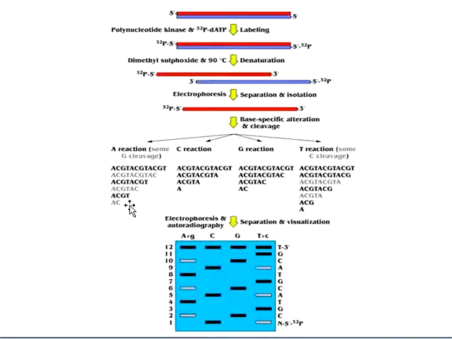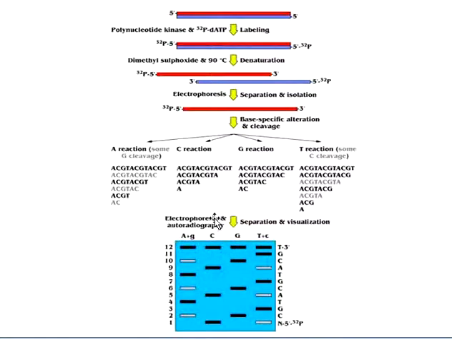After the base-specific chemical cleavage, we load the reaction mixtures from all four reactions into different lanes of the same gel, in wells adjacent to each other. Then we perform separation by electrophoresis and determine the base sequence using autoradiography.